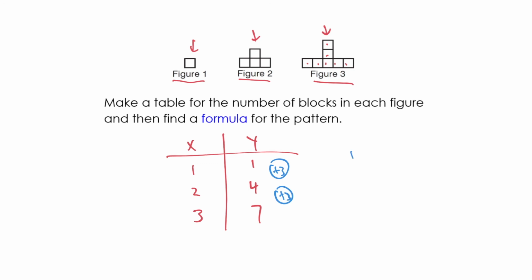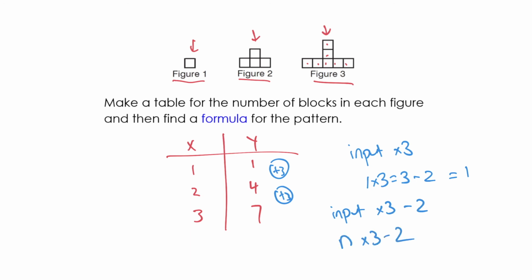So now you have to do input times 3. So 1 times 3 equals 3. Now for the first one here, how do we get from 3 to 1? Well, to do that, you need to subtract 2. So our pattern rule would be input times 3 minus 2, or n times 3 minus 2, or 3n minus 2.